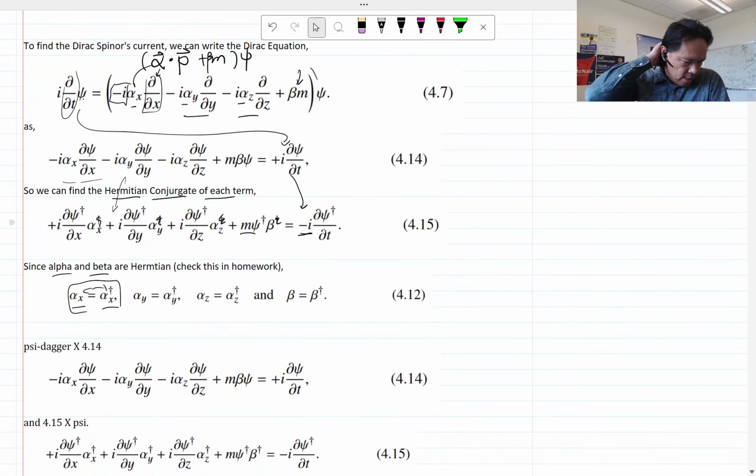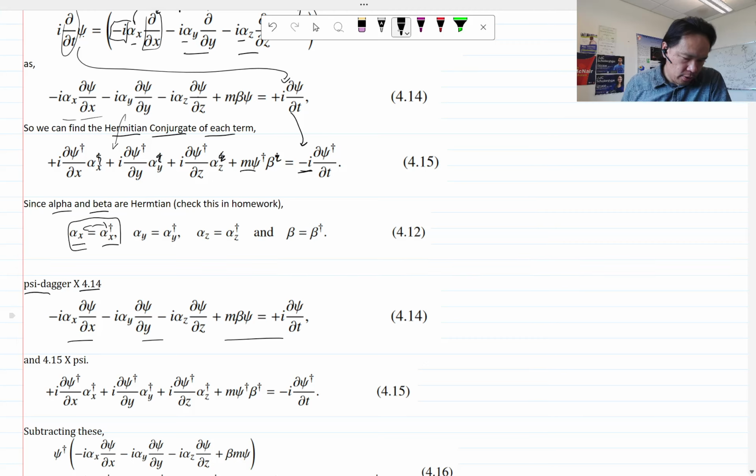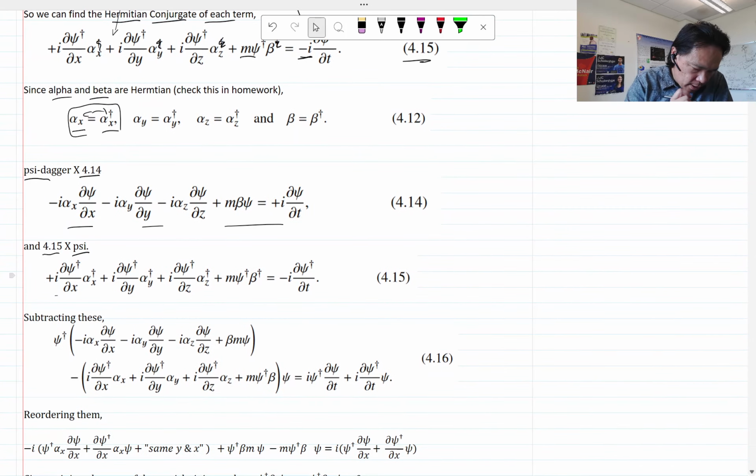Okay, so that means psi dagger times this equation. This is where there's a little bit of algebra. It's going to be equal to this equation down here. Going back to 4.15, which is up here, times psi, combined together.